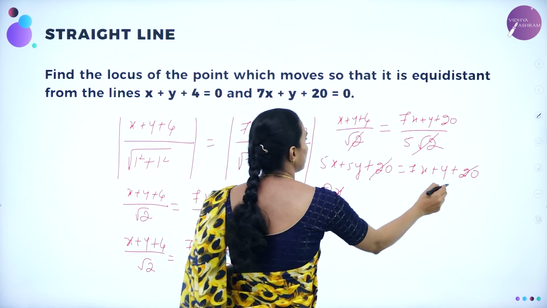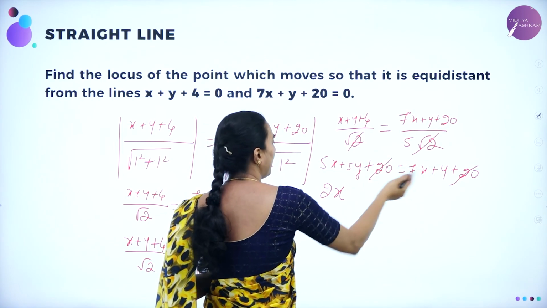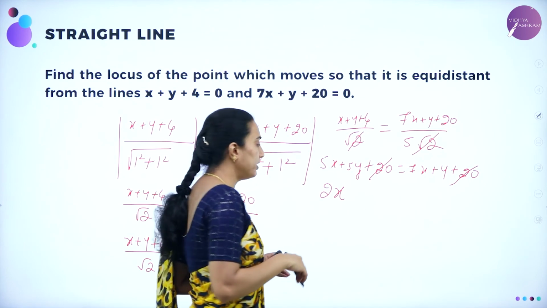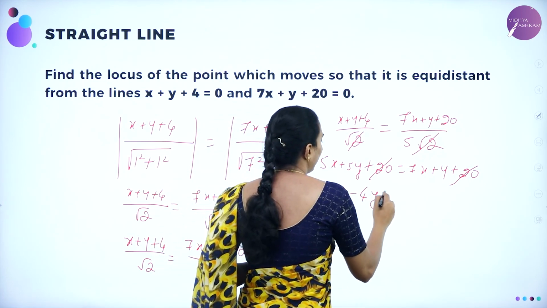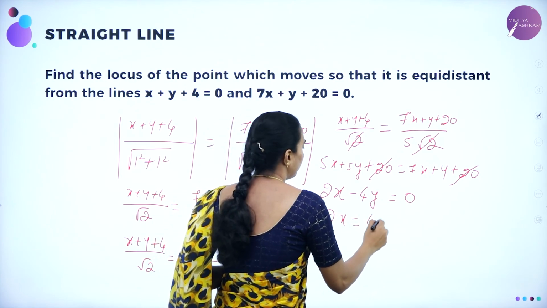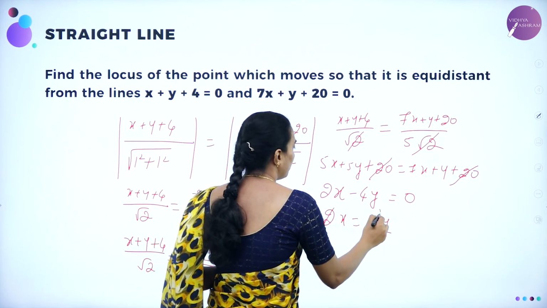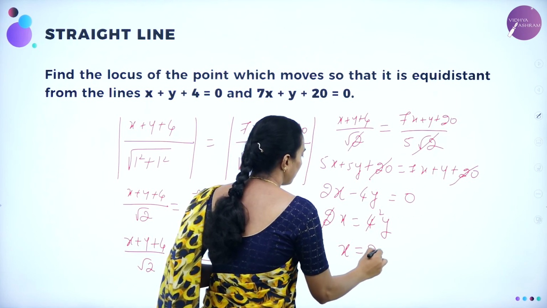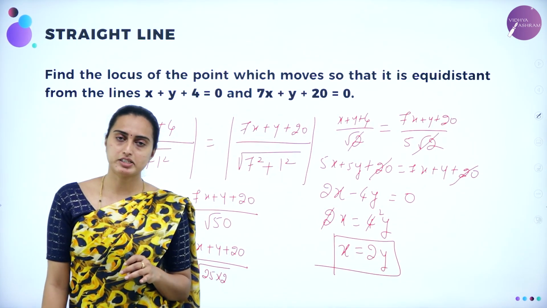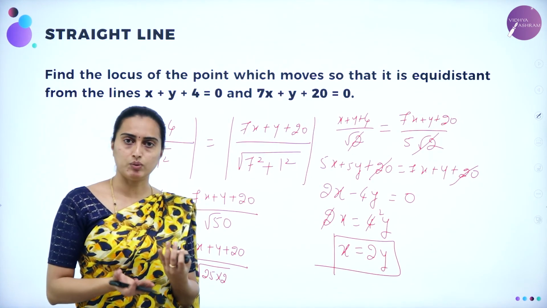Here plus 20 will go. Again y minus 5y, because I am shifting all the terms to that side. y minus 5y is minus 4y. Minus 4y equal to 0. Now you can take 2x will be equal to 4y. 2 1s are 2, 2 2s are 4, otherwise x will be equal to 2y. This is your equation. Or x minus 2y equal to 0.